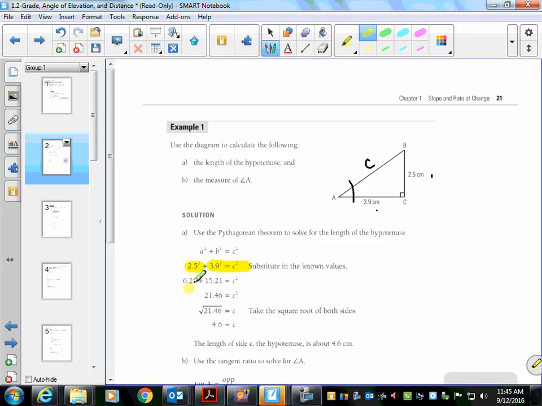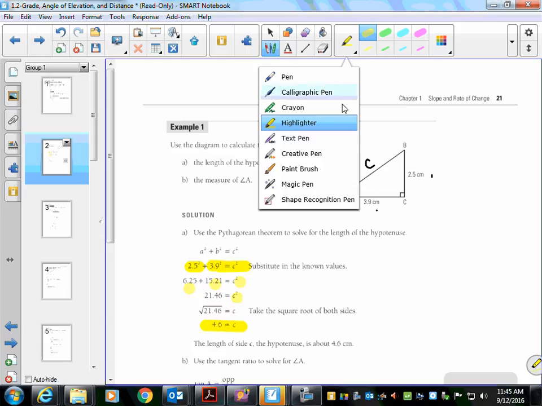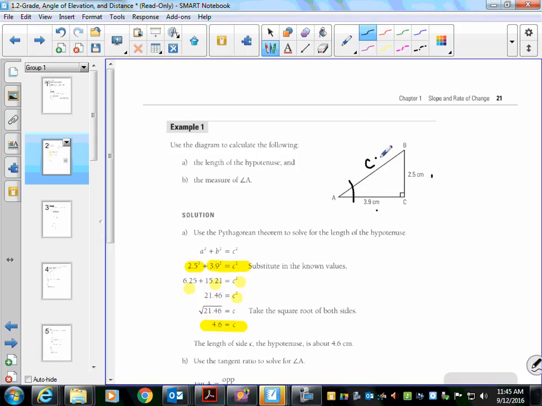You square them in your calculator and you get 6.25 plus 15.21 equals c squared, which gives you 21.46 equals c squared. To get c alone, you take the square root, roughly 4.6. So side length c is roughly about 4.6 centimeters.